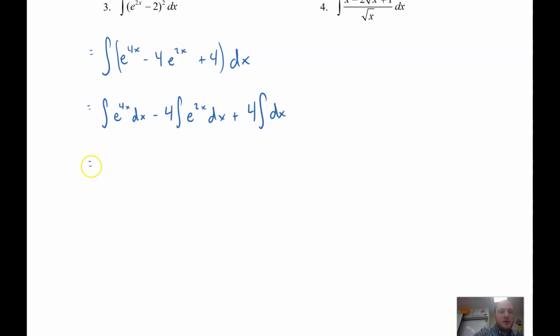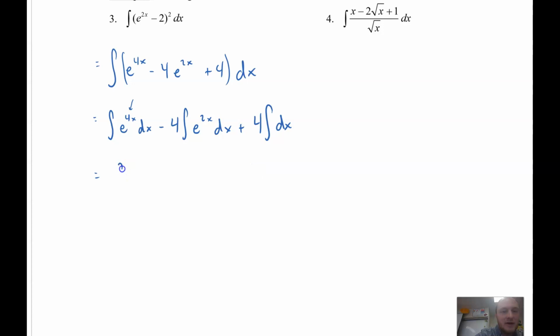Okay, so let's integrate these piece by piece. Notice here I have a function of 4x, so I do need that hook. I need an integral to account for that hook. So I need a 4 here, so I'm going to balance it with a 1/4. Okay, and I can integrate, and we get 1/4 e to the power of 4x.